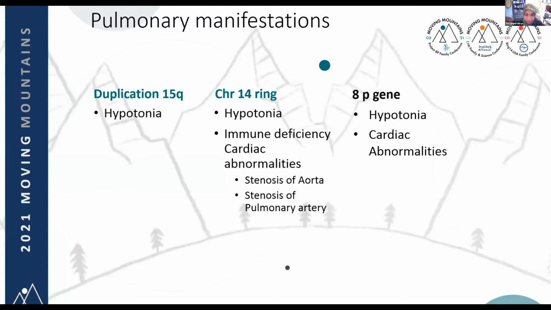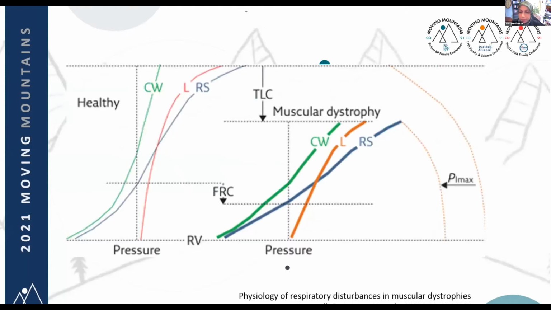And for that, I'm just going to go into a little bit of physiology. The graphics may not be specific to one kind of disease process, but I just want us to understand what's happening to the respiratory cage and the respiratory system and how that impacts the manifestations of disease as I see with patients.